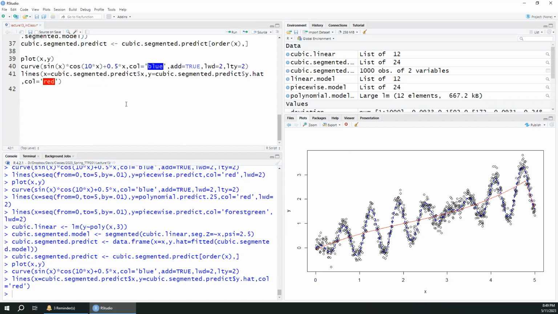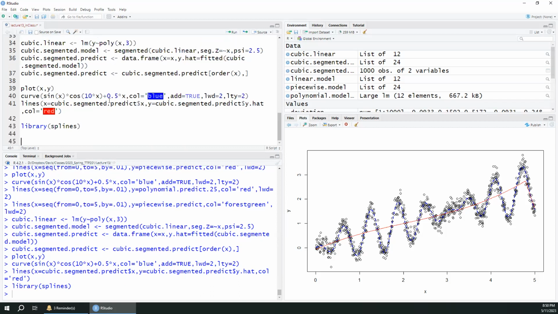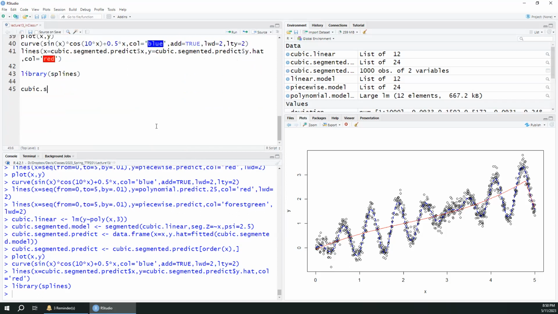Okay. And so let's go ahead and take the next step to actually make it so that there is a knot instead of a breakpoint in the cubic, and so really turning this into a proper spline. And we're going to use a library called splines to do this analysis. Okay, so cubic spline 1, and I'm going to run a linear regression.